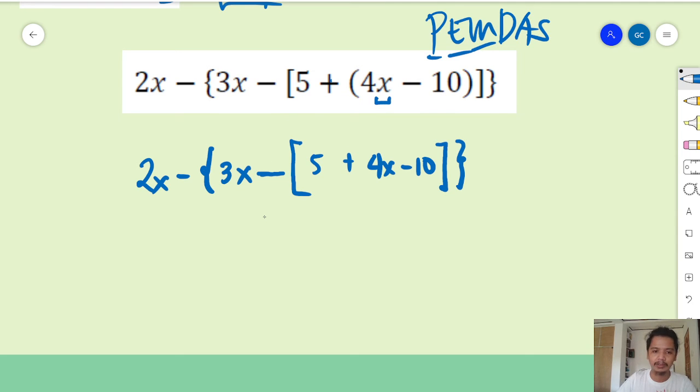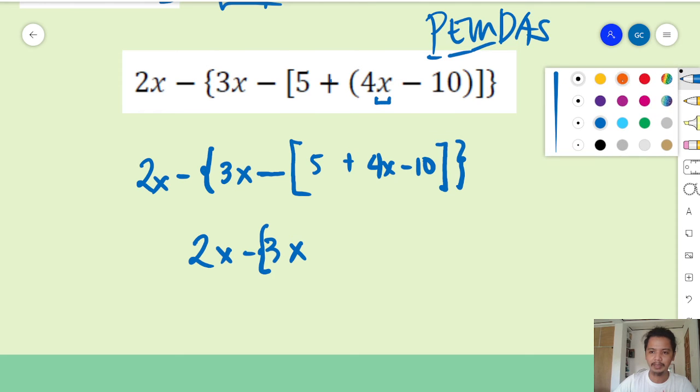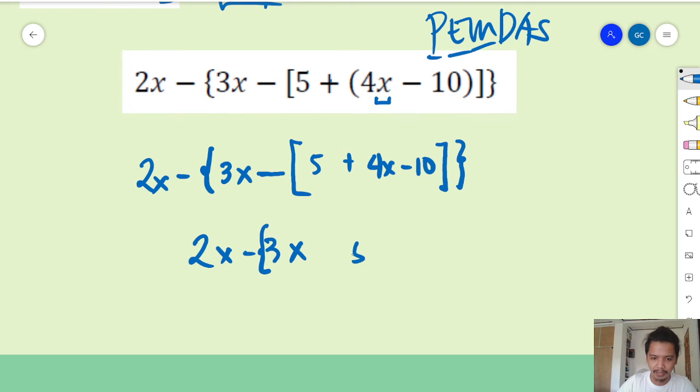But for this scenario, magbabago. May inverse lahat nung signs natin. So, kumbaga, we have there 2x minus 3x. May inverse yung mga ano. So, baguhin natin yung kulay para makita nyo. Or, sulat ko muna yung mga numbers. So, we have there 5, 4x.